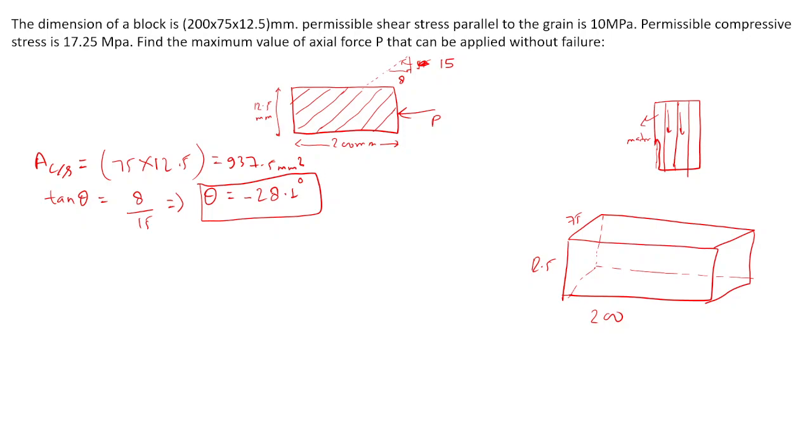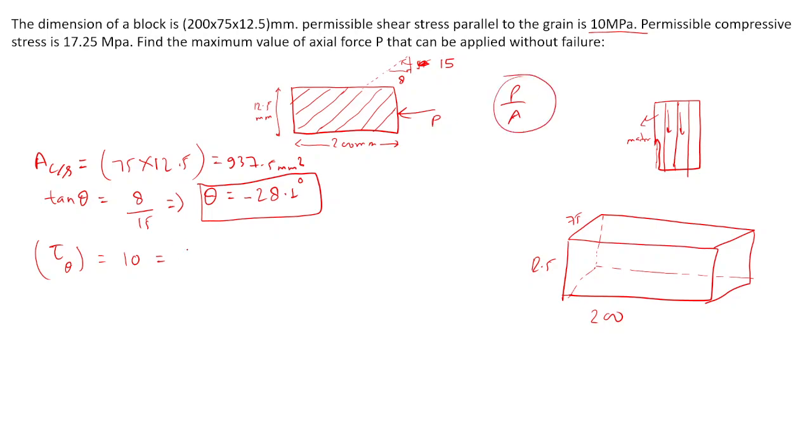So now you know the angle. Here two things have been given. One is the permissible shear stress parallel to grains. Means here tau max, tau theta they have given. How much is it? 10, and it is in megapascal. Okay. So let's suppose this would be P by A. Force we will be putting in Newton and area in mm square, so the result would be in megapascal already.